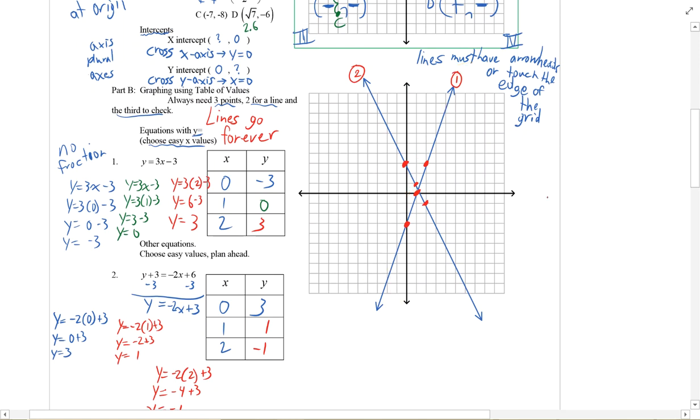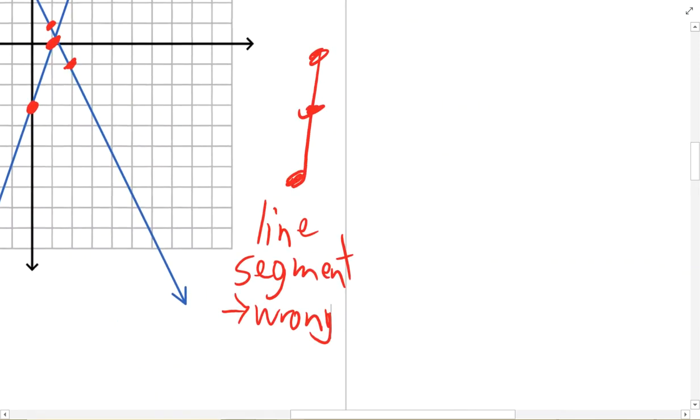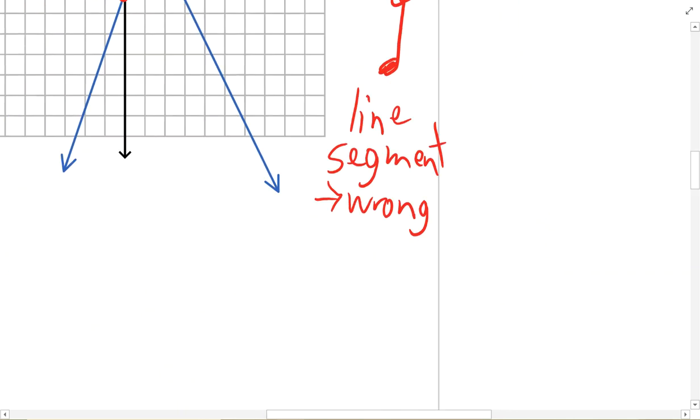Do not draw a short line segment, which is from those 3 points. This is a line segment, and we don't want the line segment. It is wrong. Do not draw that. We want lines. So you can double check with me if you're not sure if you're drawing them properly.